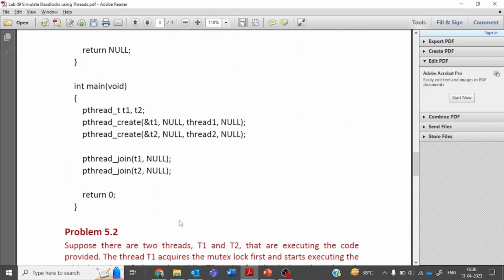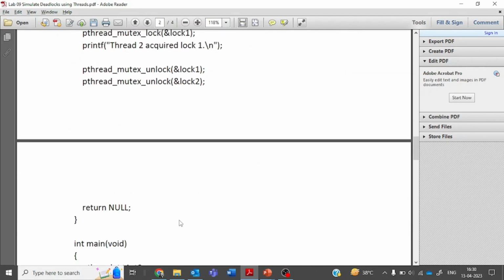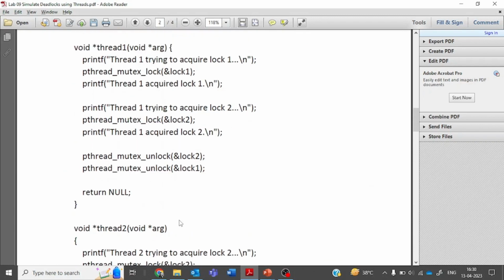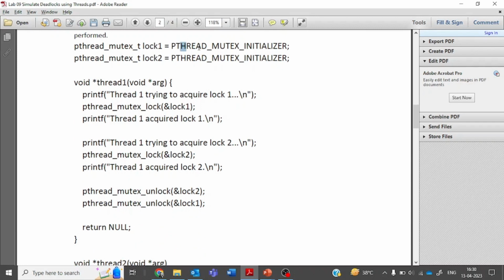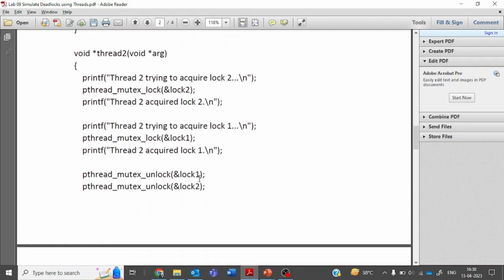Whereas in the first case, I only had the mutex initializer. I have just initialized it, I have locked it, and I have unlocked it. I have not destroyed it, and that's why the second thread is also able to take over that particular program, because I haven't destroyed it.